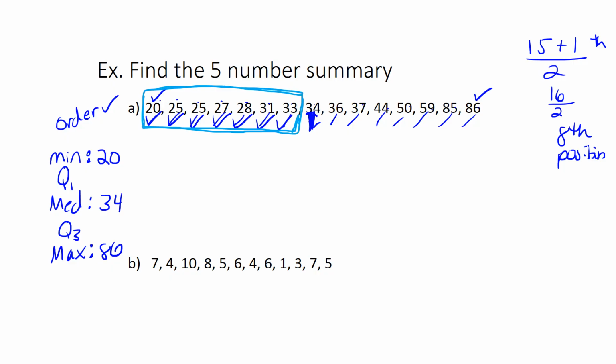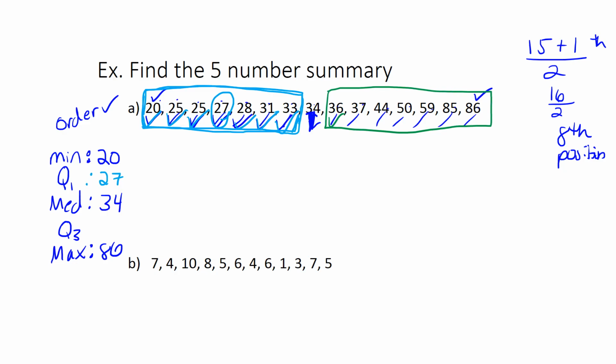So you're finding the median of the first half of the numbers. And so again, smallest, largest, smallest, largest, smallest, largest. So you know that Q1 is 27. So do not include the median in your first half or your second half.